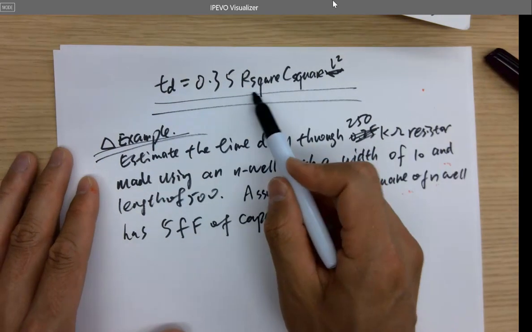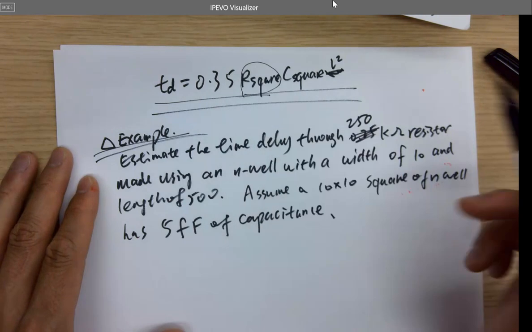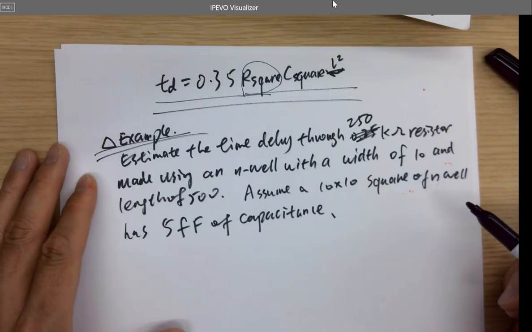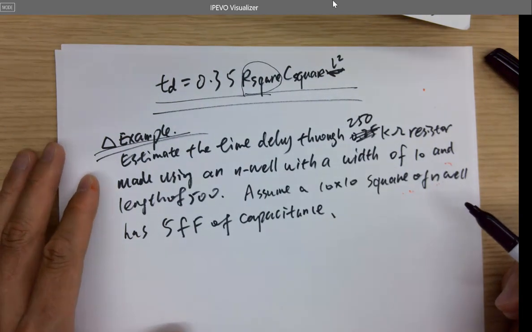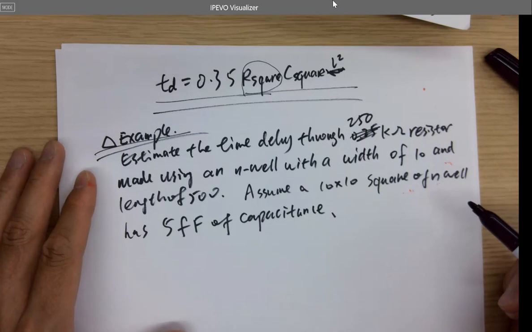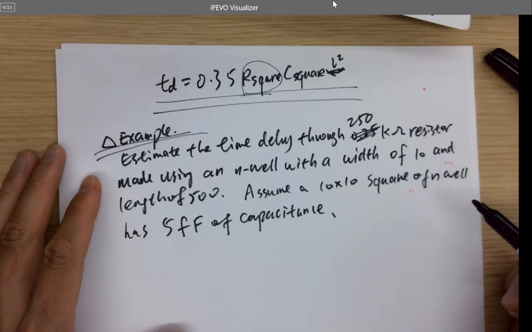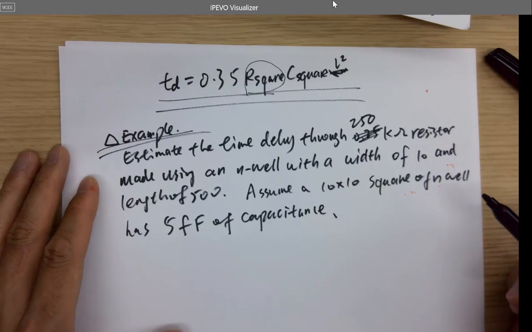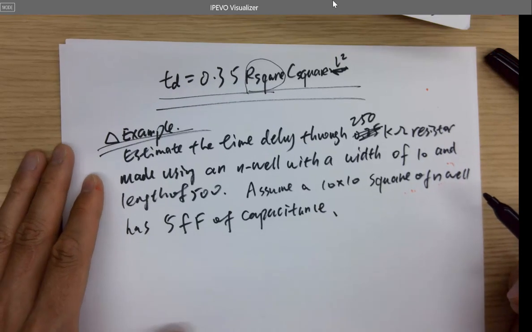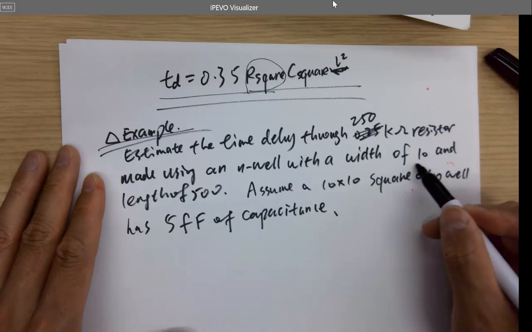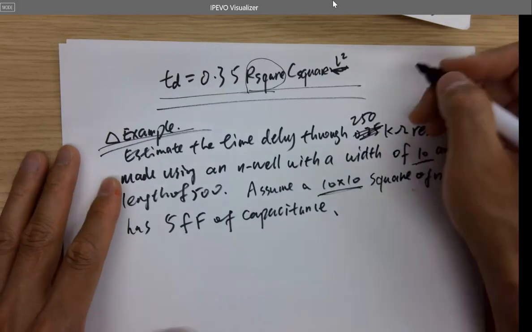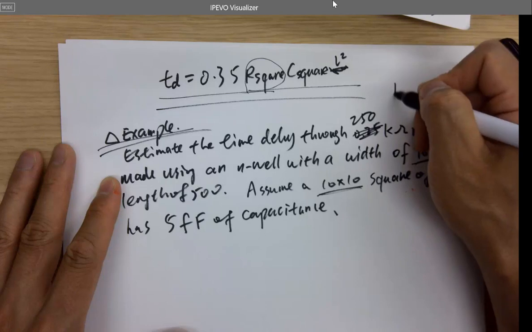Let's look at R squared first. Do we know R squared here? Depends on how I want to define the square. Define the width first, one dimension first. Then you know the dimension of the square. What's a good dimension for a square for this case? 10, right? 10 by 10 is the n-well's capacitance, right?